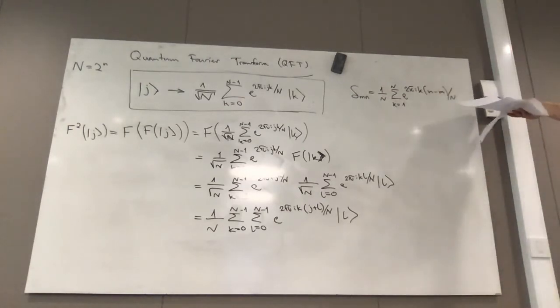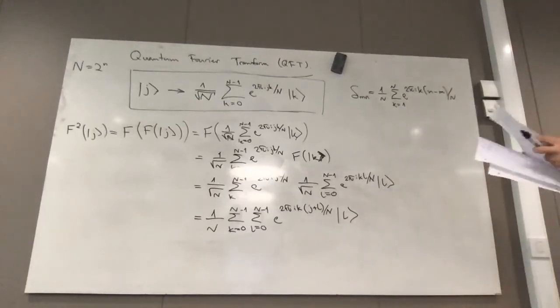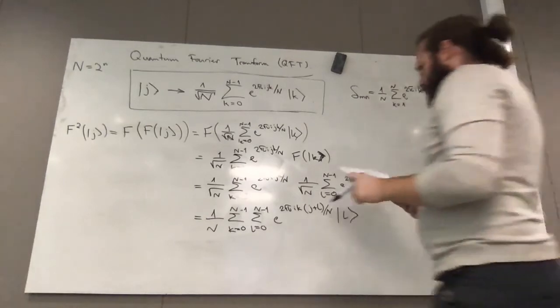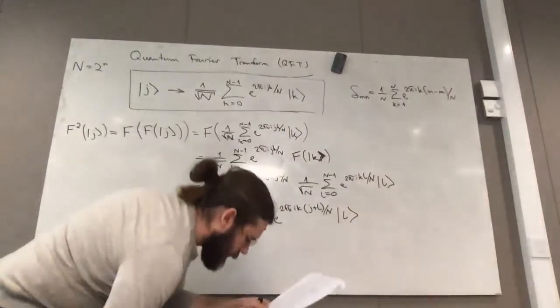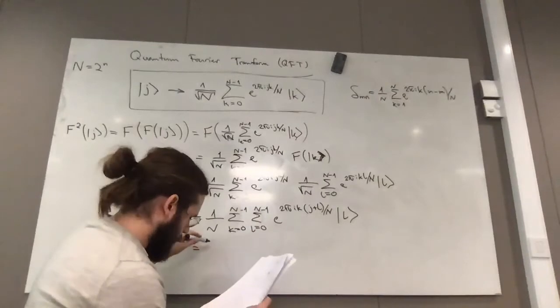So we see that this looks very much like what we have down here, if we let n be equal to j and minus L be equal to m. In my notes I did it the other way around, so let's stick to my notes.